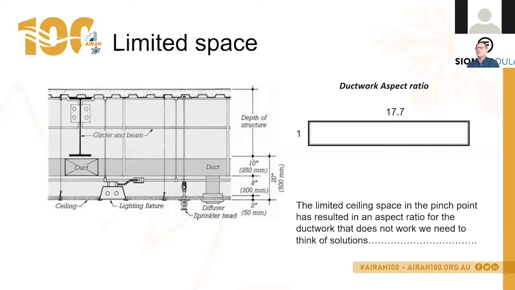Do we remove some of the insulation just locally at that pinch point, make the ductwork bigger where we can, and then have it come down to the pinch point and then again get larger after the pinch point where it's gone underneath the girder.